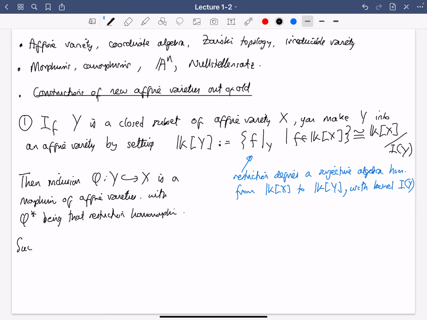Such an inclusion, this phi, of a closed subvariety Y into an affine variety X is called a closed embedding, for obvious reasons.